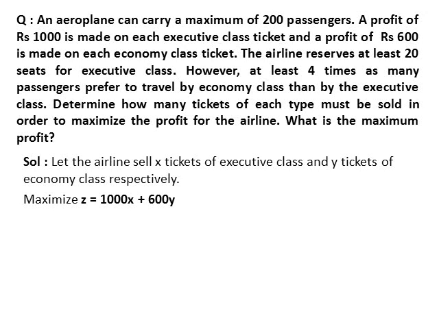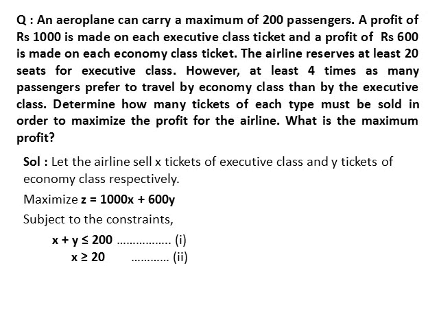Now, according to question, aeroplane can carry a maximum of 200 passengers. So, x plus y should be less than or equals to 200. Also, it is given that airline reserves at least 20 seats, means minimum 20 seats for executive class. So, x should be greater than or equal to 20.